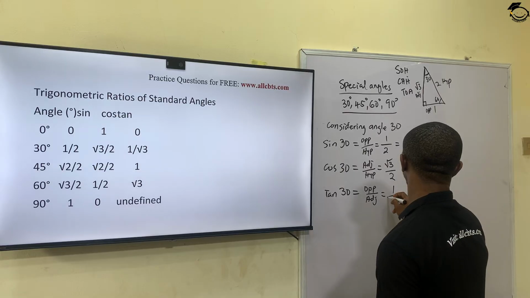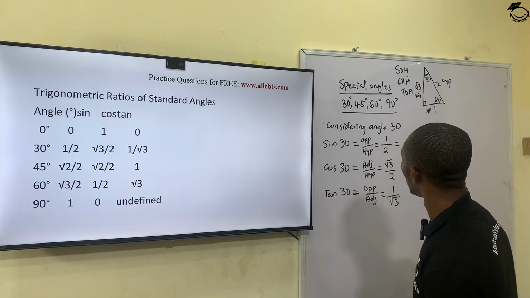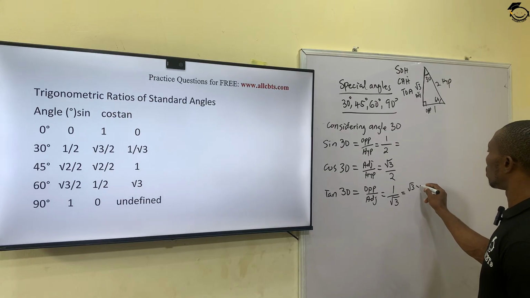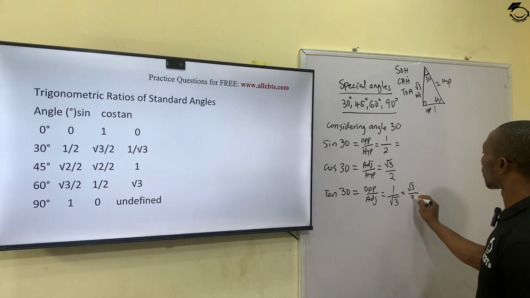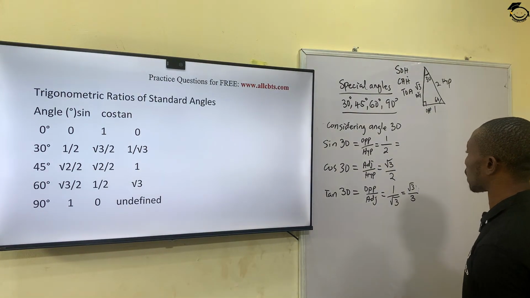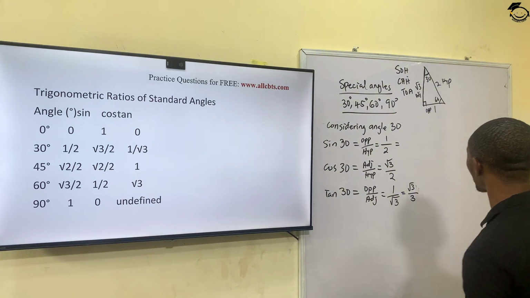Opposite is 1 and the adjacent is root 3. So when we rationalize, this becomes root 3 over 3 as our tan 30.